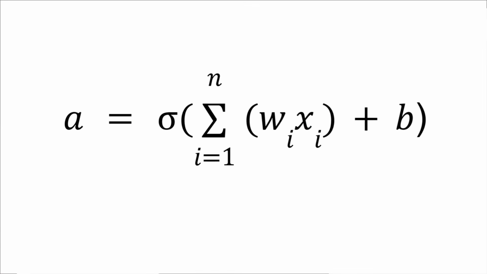Maybe I'll zoom in just a little bit so we can see this a little bit clearer. Again, we have alpha equals the summation of all of those weights and values plus the bias here. And you'll notice here we also have this sigmoid function, which is what's doing the activation and the squashing of the neurons.